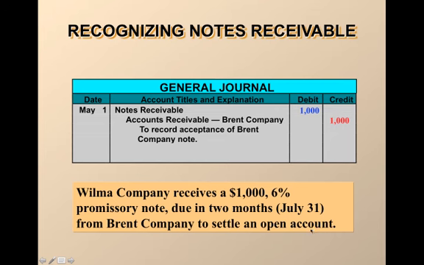Well, in this case, Brent Company owed money to Wilma Company, and they were not ready to pay within the 30 days. So they said, listen, we need 2 more months to pay this money, and Wilma Company agreed to it. And therefore, there was a promissory note written, and Brent Company now owes $1,000 to Wilma Company. And it's now converted to a note. Now, what we have to consider is when the year end is. If the year end falls in here, we're going to have to do an adjustment that we talked about in Chapter 3, but we'll have to wait and see.